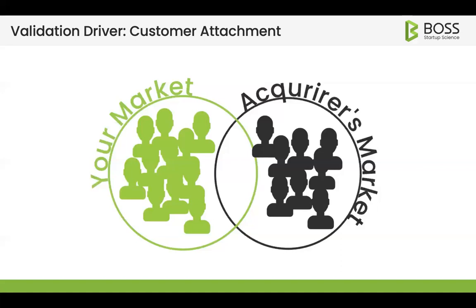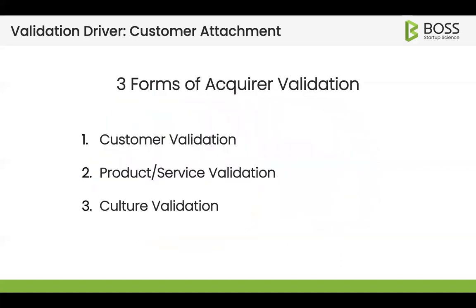Okay, so customer attachment rate. Quickest way to a strategic exit is ensuring that you have the same ICP as your potential acquirers. Now, in going through this, and I'm just going to stick on this exit strategy for a little bit more, there are 3 forms of acquirer validation, meaning if I'm an acquirer and I want to purchase a company, there are 3 things I'm going to want to know unequivocally and validate.